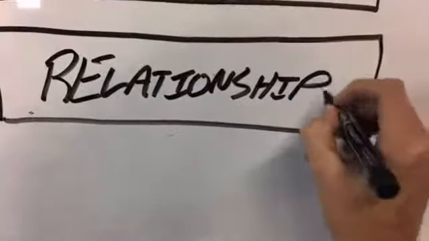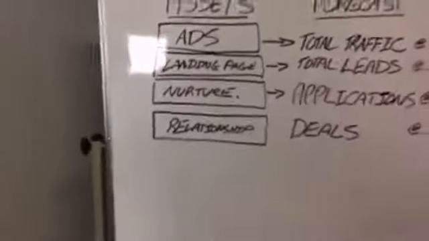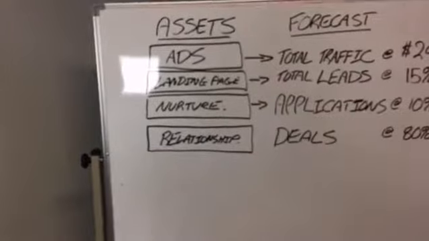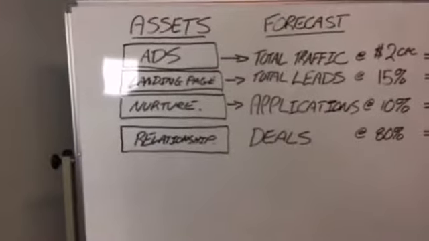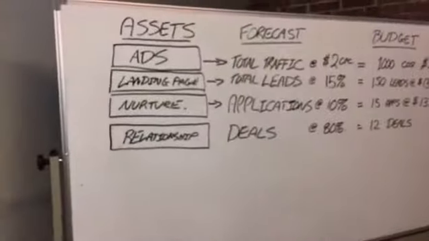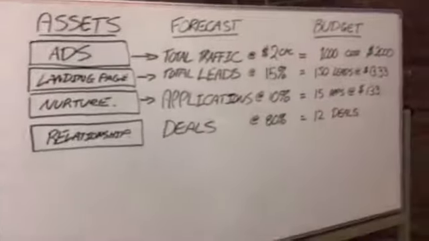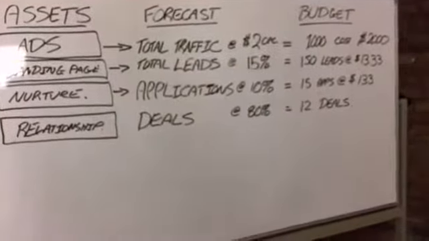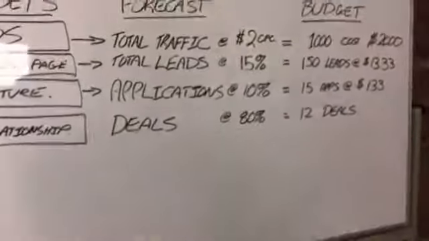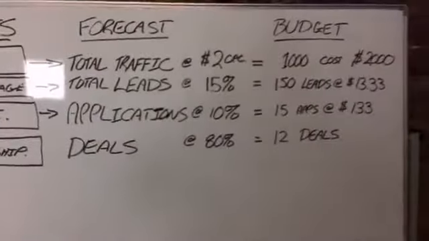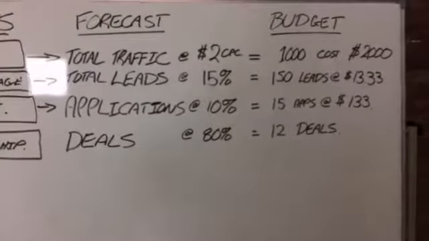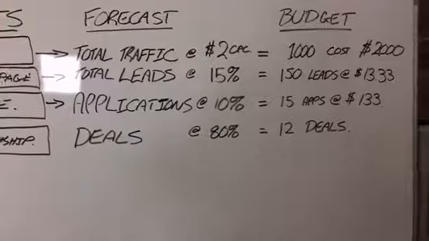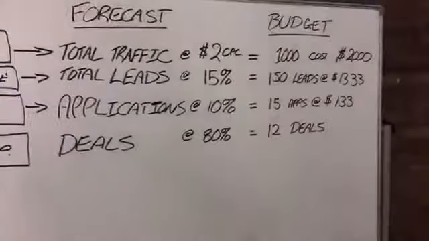So now that we have those 4 assets, and we know there's basically only 4 things we have to work with in order to make these successful, we can then forecast how these things are going to work. This is a rough estimation, loosely based on some numbers that I put together for a client of ours.